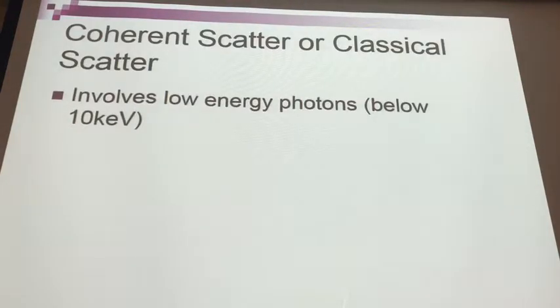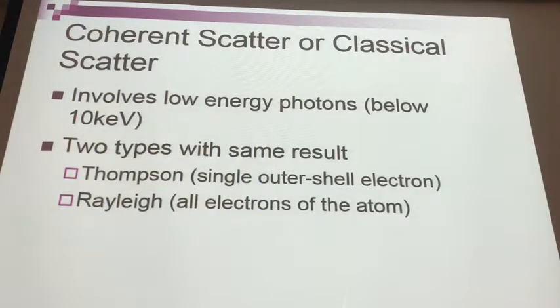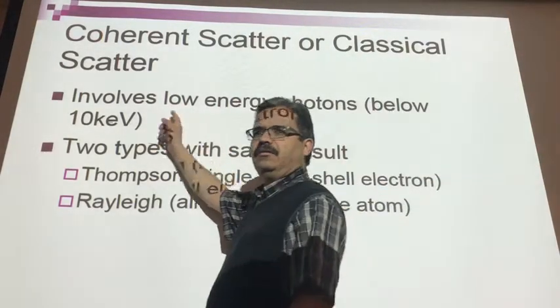All right, so let's take a look at coherent scatter. Another name given to coherent is classical. Classical scatter is really not much of a problem. It is not the scattered radiation that is a problem to us in diagnostic radiography, because it happens with photons that have energies below 10 keV.